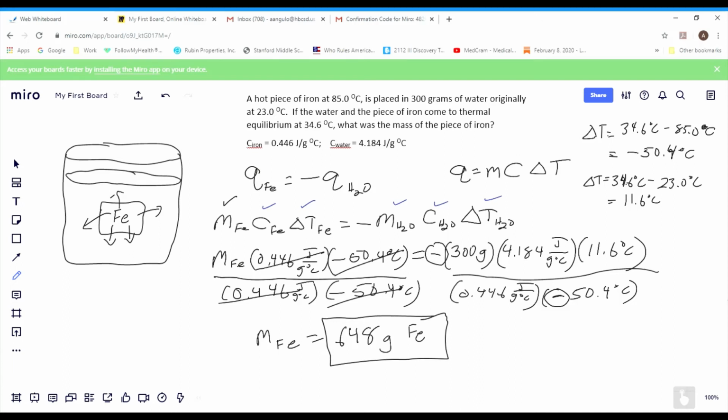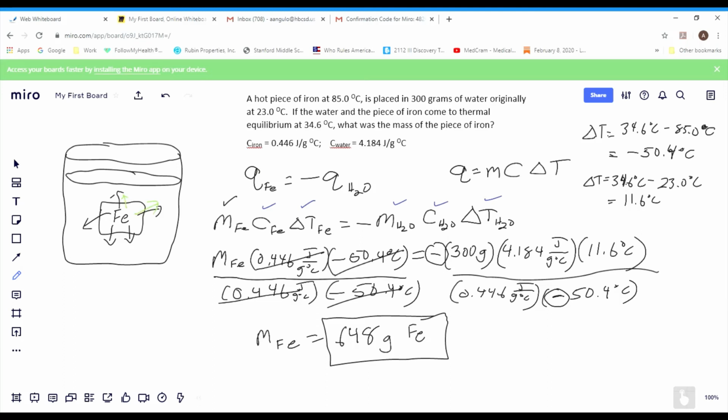Okay, so now we got an answer for it. And you'll notice, once again, let's go over what we did. I'll do this in green as the review. So we had iron. Iron was hot, had a certain amount of energy in it. And as it came into the water that was cooler, the heat came out.